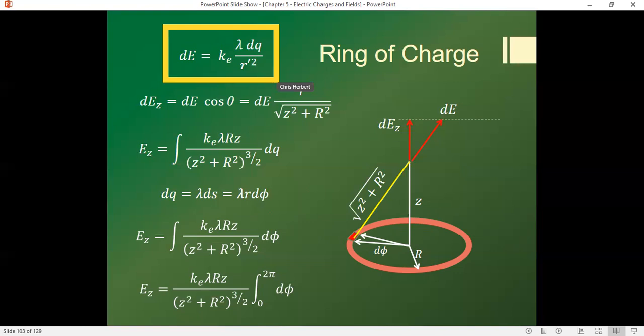Okay, so once again, we have our expression for a line of charge. I know it's a ring of charge, but for a one-dimensional object, okay? We are going to make a few substitutions. First of all, we're going to replace little r squared with this right here, because that is my distance that this point is from any infinitesimal point on the ring.